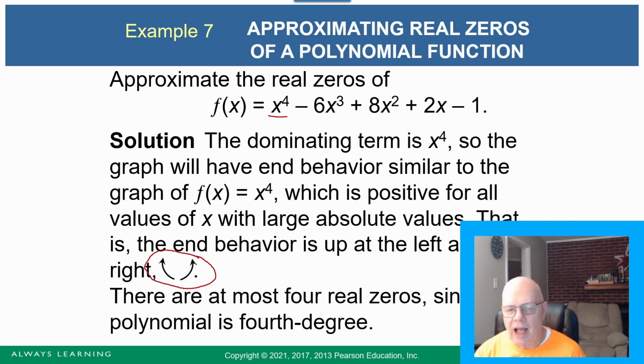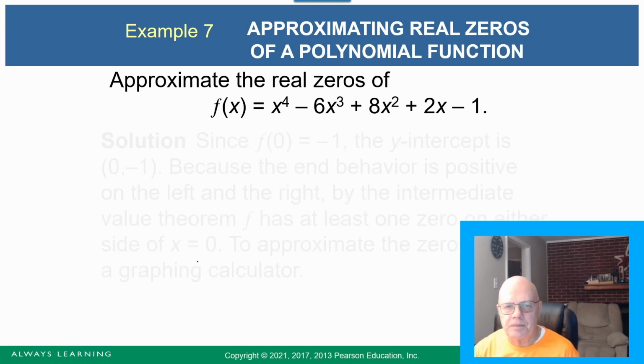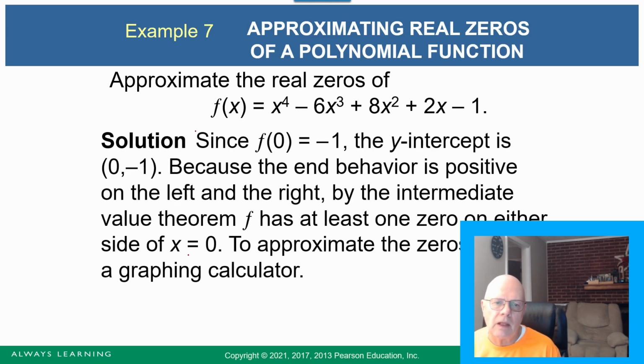So we know what's happening on the far left and the far right. What's happening at 0? That's easy to do. That wipes out all these x terms. F of 0 is -1. That's easy. That gives you an extra point. So you've got the end behaviors, and you've got this point.